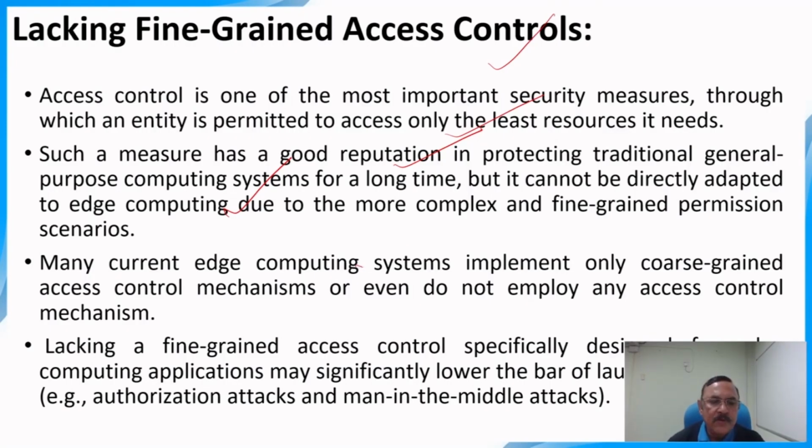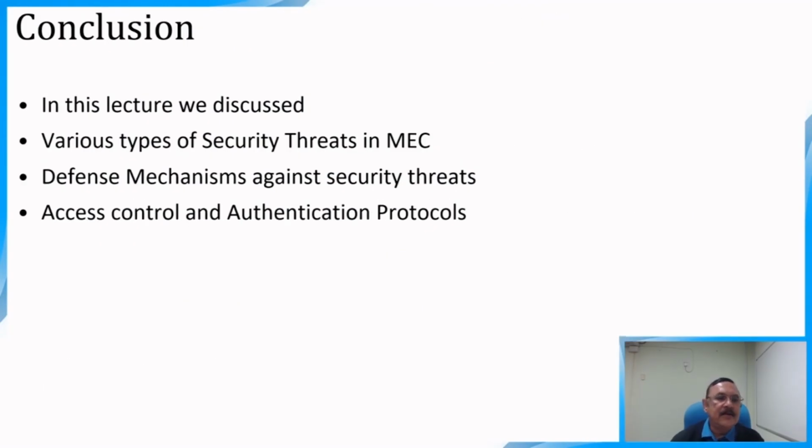Many current edge computing systems implement only coarse-grained access control mechanisms, and some do not employ any access control mechanism. Lacking fine-grained access control specifically designed for edge computing applications may significantly lower the bar for launching an attack, such as man in the middle.